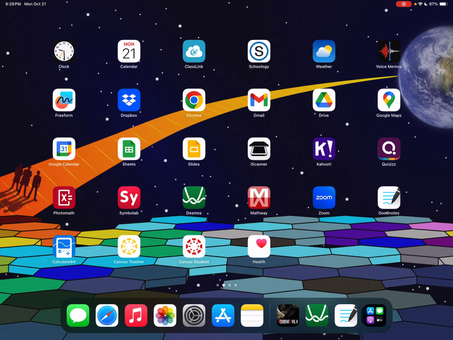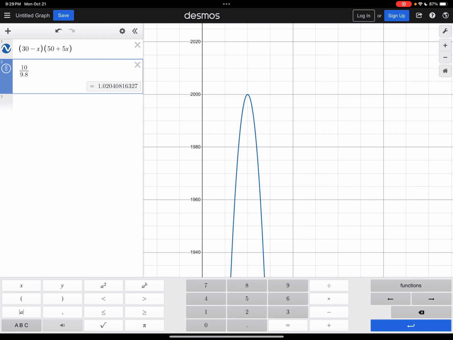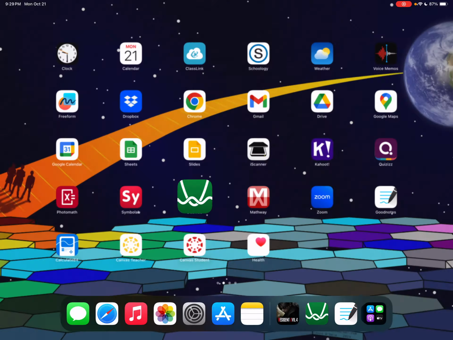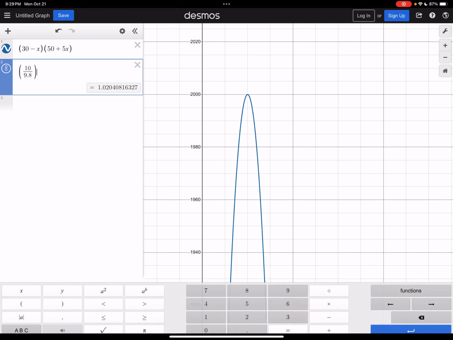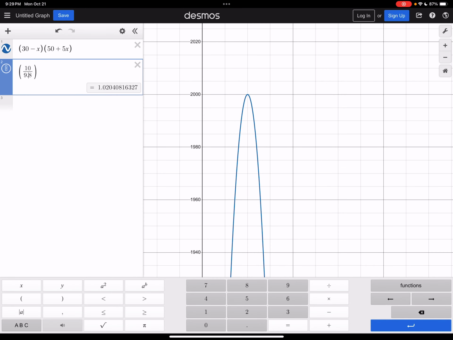So what I'm going to do is Desmos. I'm going to keep the very accurate prediction. So, what was it? Negative 4.9? Okay. Negative 4.9, and then this is squared.